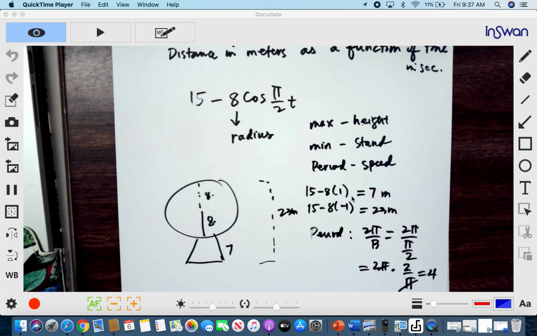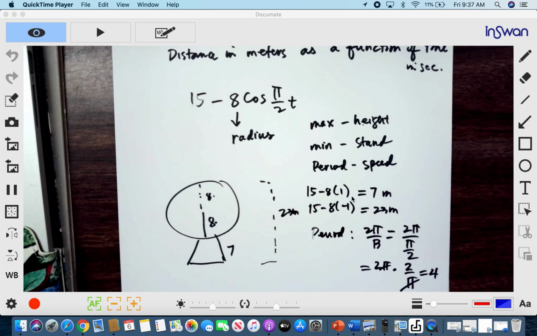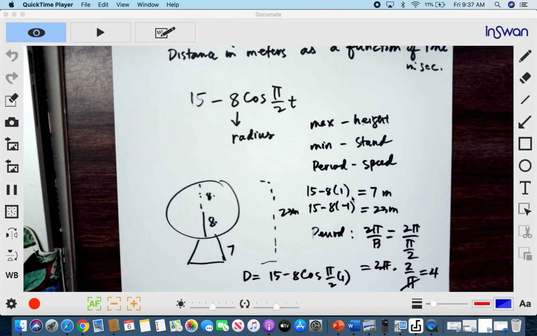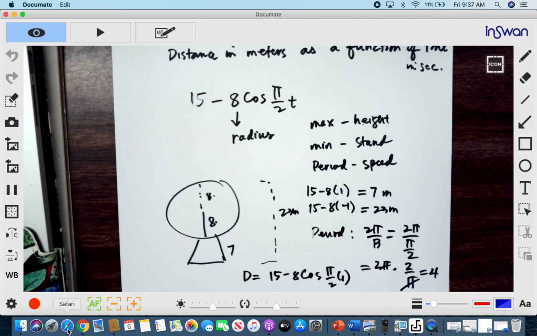Okay, now, you might be wondering, how high is the person after 1 second? Okay, so what is the distance of the person? How high has he reached already after 1 second? So therefore, we can simply replace our time with 1. And to do that, we can actually use our calculator to help us solve.